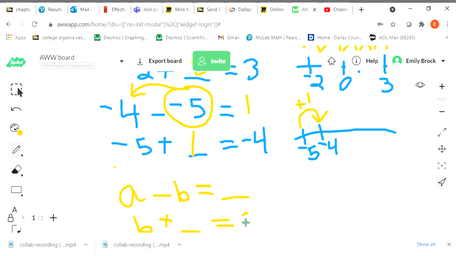That is finding the missing addend, the missing number that you have to add to B to get to A.